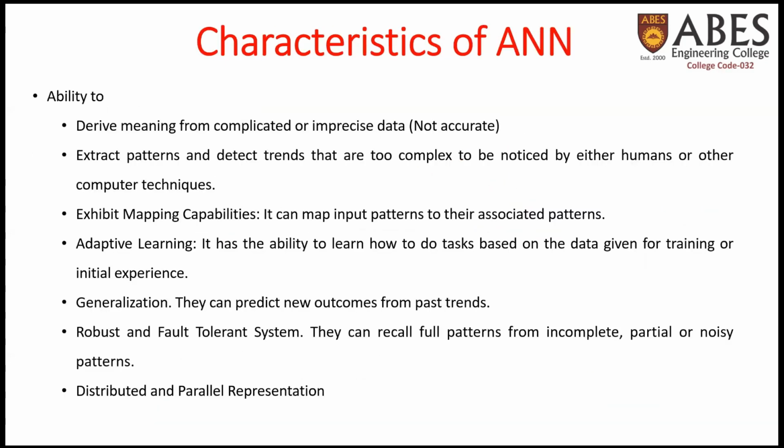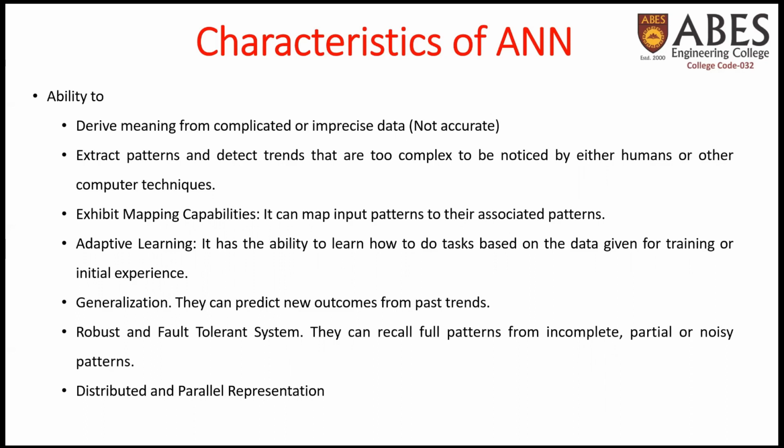So next is the characteristics of artificial neural network. Basically, the artificial neural network has the ability to derive meaning from complicated or imprecise data. Imprecise means data that are not accurate. These have the ability to extract patterns and detect trends that are too complex to be noticed by either humans or other computer techniques. Artificial neural networks have the ability to exhibit mapping capability, so they can map an input pattern to the associated pattern.